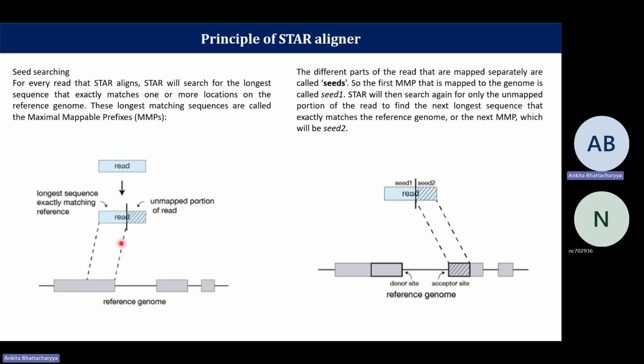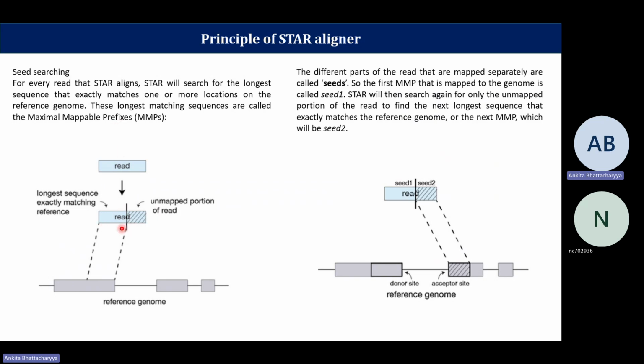Instead, what it might see is that there is a portion which is matching exactly with the reference, and there is some portion which is an unmapped portion of the read. The different parts of this read that are separately mapped can be called seeds. And the longest matching sequence is called an MMP, or maximal mappable prefix.